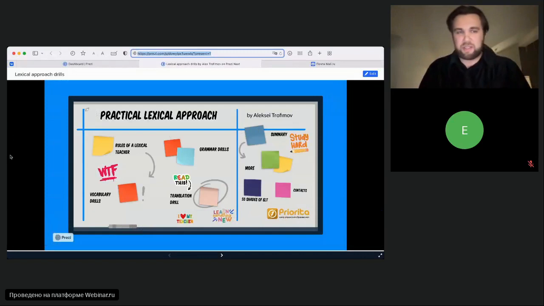My way actually started, as with many of us, with Hugh Dellar and Andrew Walkley, and their book Teaching Lexically, which I can advise to read, seriously. And of course, throughout the years, I've been trying out different methods, techniques, approaches that they advise, but I decided that I want to keep it simple.